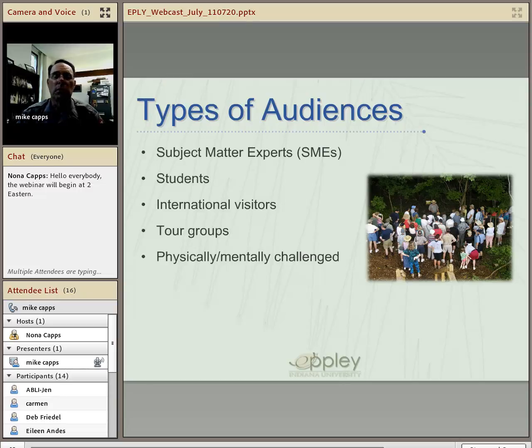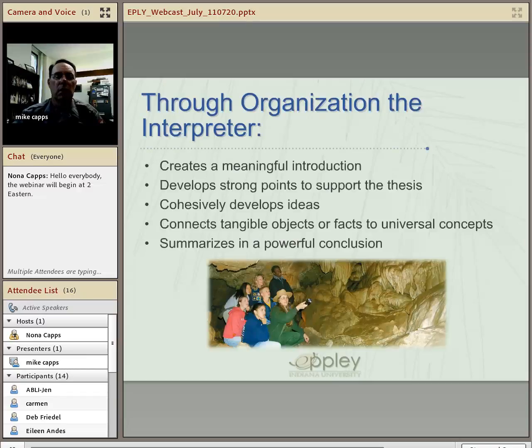They may, in fact, want you to go into a whole lot more detail about the resource than, say, a regular tour group. Certainly, your approach with students should be different than with some of the adult groups. So, just like I say, they each provide or come with their own unique opportunities.